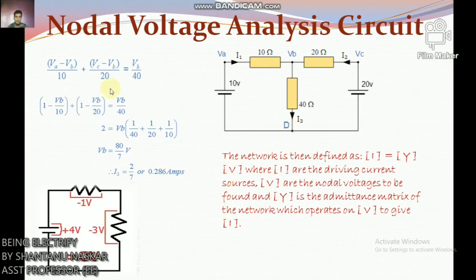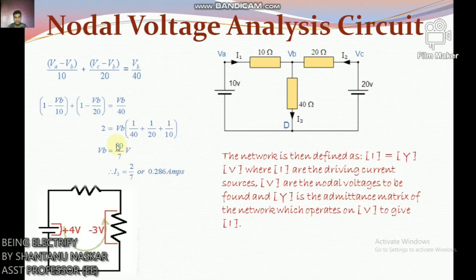Now, (VA minus VB)/10 plus (VC minus VB)/20 equals VB/40. We can write VA equals 10 volt, VC equals 20 volt, so VB can be easily found out. (10 minus VB)/10 plus (20 minus VB)/20 equals VB/40.